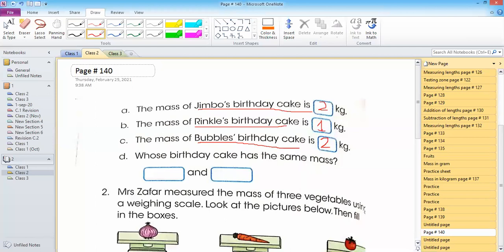Now, whose birthday cake has the same mass? You have to write the name of those, either Jimbo, Wrinkle, or Bubble, who are having cakes of the same masses. So tell me, among Jimbo, Wrinkle, and Bubble, which two are having cakes of the same masses?